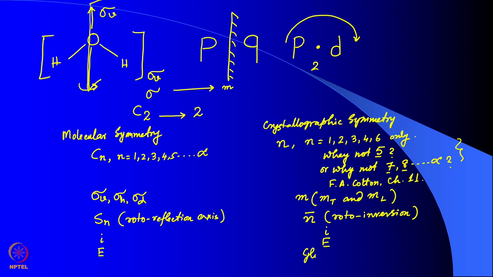One is called the glide plane, which is a mirror with translational component, and the other is the screw axis, which is rotation plus translation. We will slowly discuss these symmetry elements in the next page.